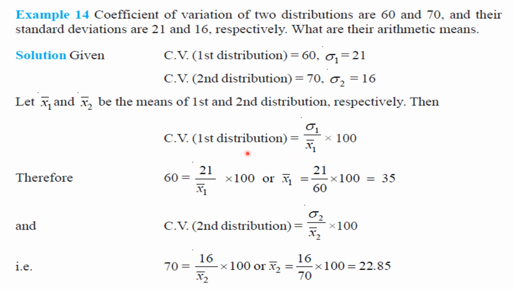Yes. In this formula, let us substitute the values of CV and sigma 1. What is the CV here? 60 is equal to sigma 1 value, 21, by x1 bar into 100. Understood this step, my children? Right. From this equation, we are finding x1 bar. So x1 bar is equal to 21 by 60 into 100.